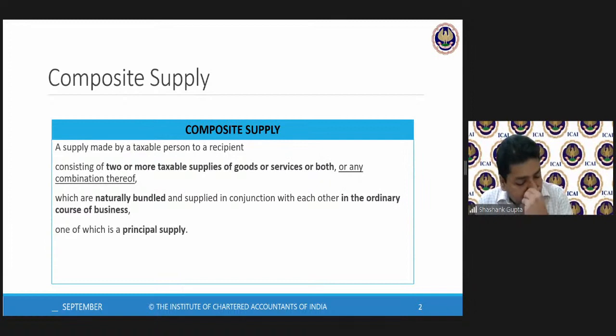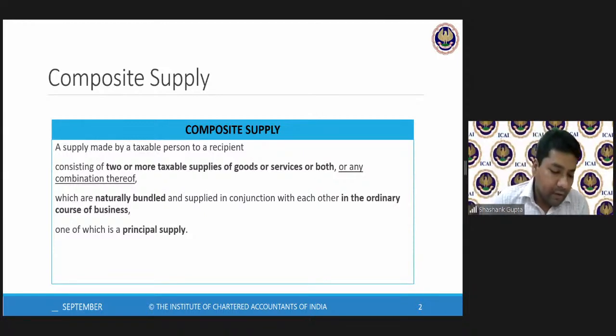This also has history in pre-GST. In pre-GST, first of all, let us understand that goods were separately taxable, that is under central excise and VAT or sales tax. And services were separately taxable under service tax.